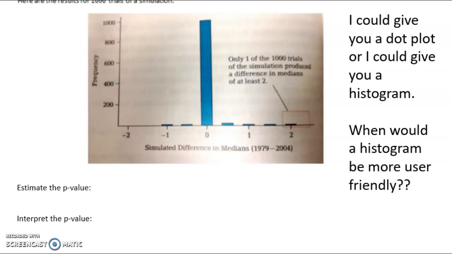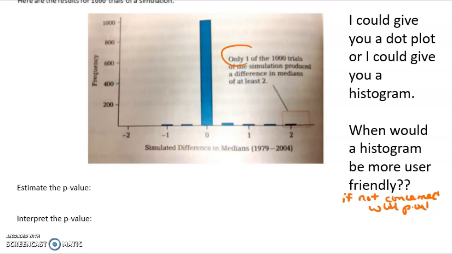If you're looking at a histogram, it might be a little bit tougher to gauge that. So when would a histogram be more user-friendly? I'd say if you're not concerned with a p-value.